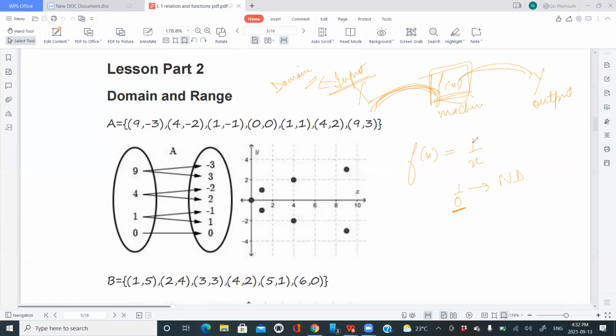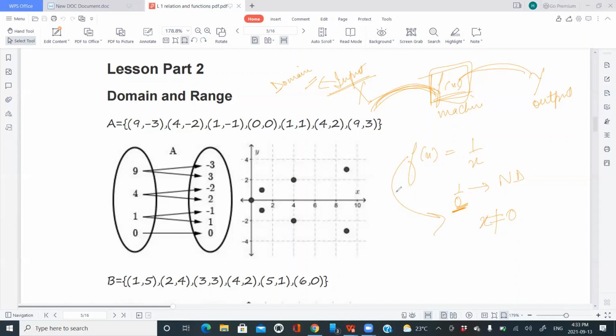So we cannot take x equal to 0, right? That means from all the inputs we have, we will leave out 0. This is the difference between domain and input. Input means everything, and domain means those selected values at which our function is always defined.